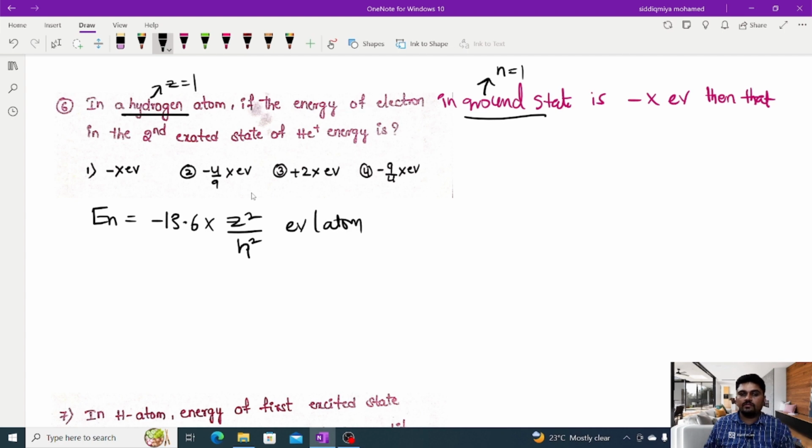So here we can write En is equal to minus 13.6 into 1 square, for hydrogen atom in the ground state, eV per atom. So the energy of the first orbit, E1, is equal to minus 13.6 electron volt per atom.